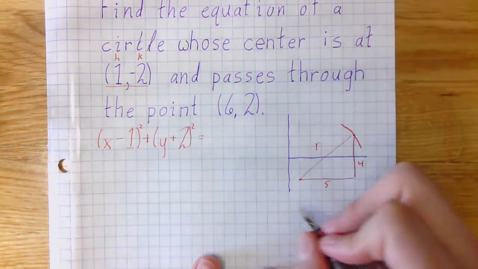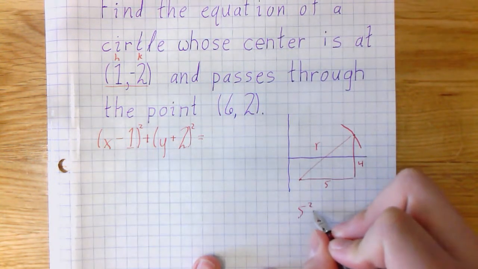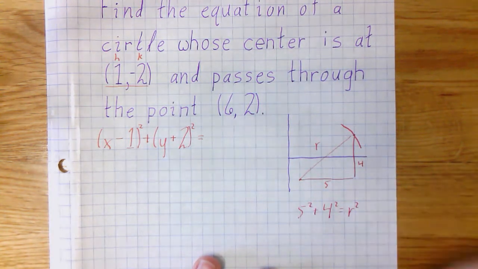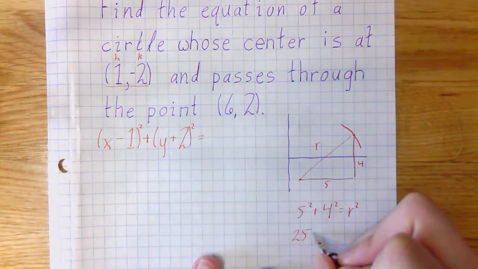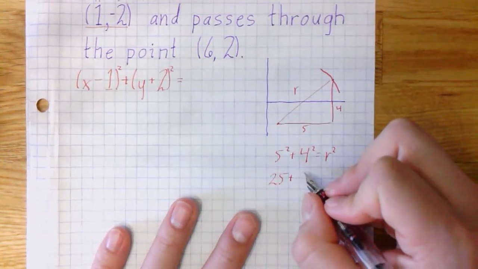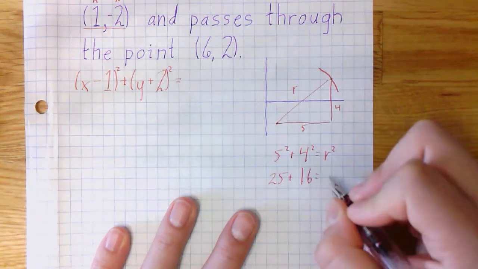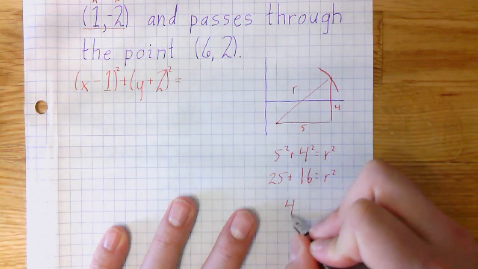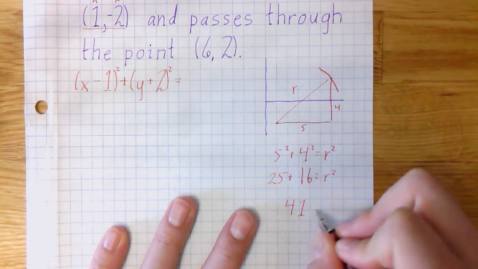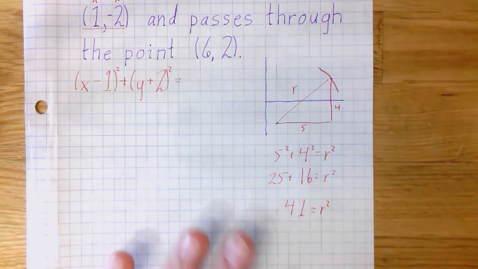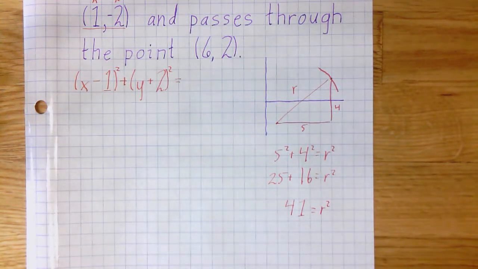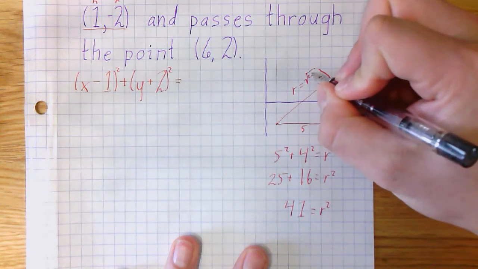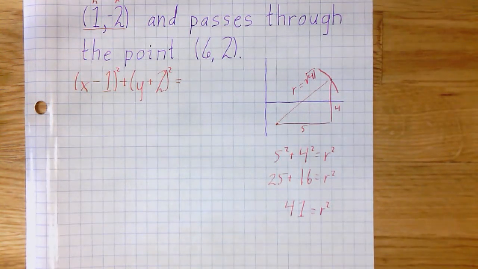So if I want to know r, 5 squared plus 4 squared equals r squared. So this will be 25 plus 16 equals r squared. That's 41. Take the square root, so r is radical 41, and that doesn't simplify. 41 is a prime number.